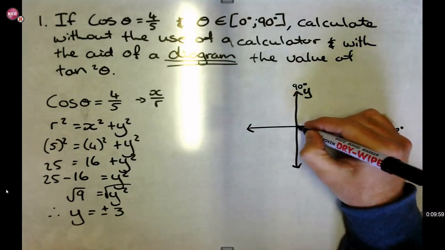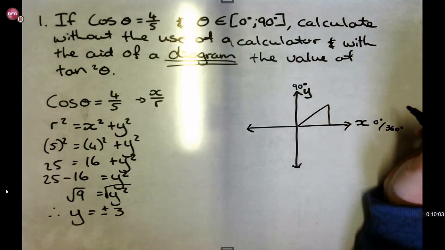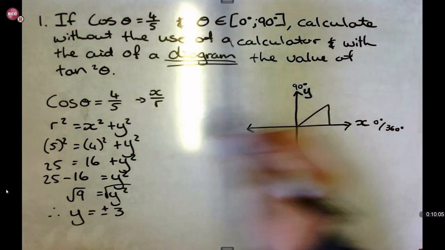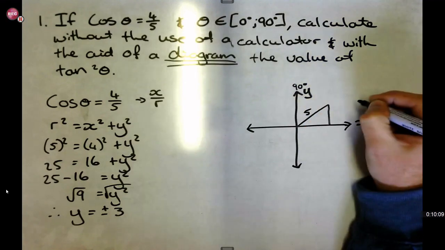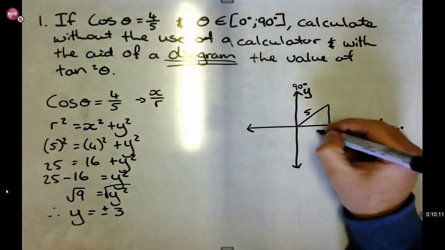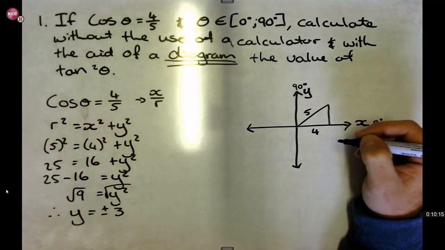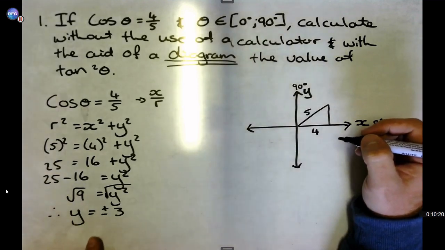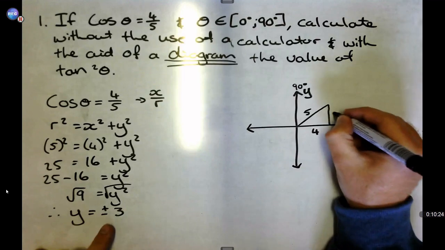So, from the origin, you draw a line out, and then you draw a line down. Then the hypotenuse is 5, so you fill in 5, and your x value is 4, so you fill in 4, and then you have calculated the y value already. Because it's in the first quadrant, y is positive, so it's going to be 3.